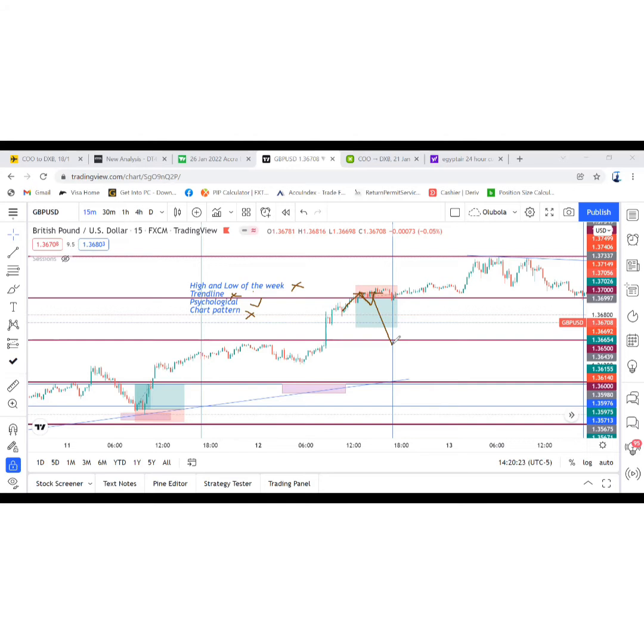This was my expectation, but eventually I lost on this trade because I did what I was not supposed to do. I didn't follow my rules judiciously.